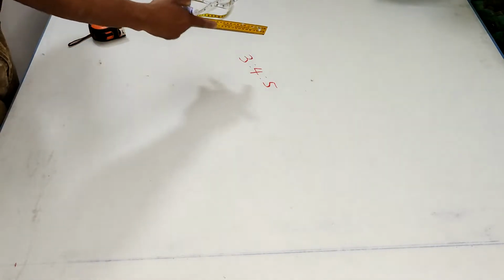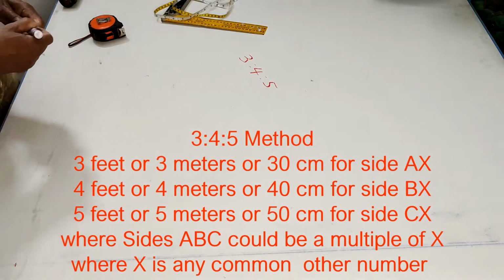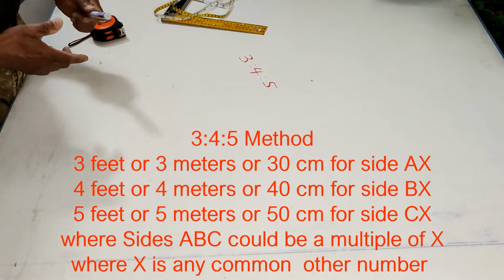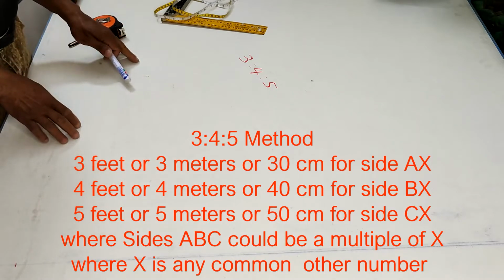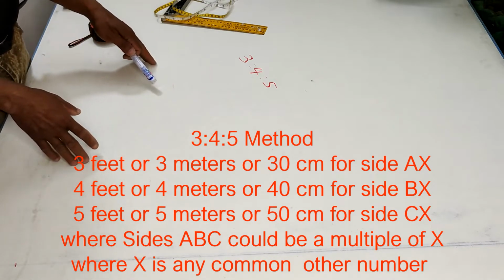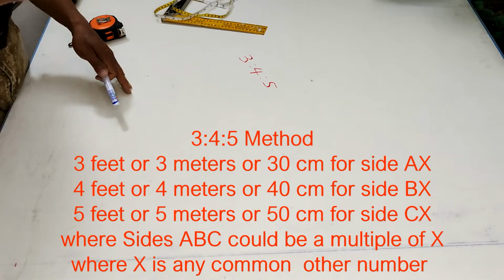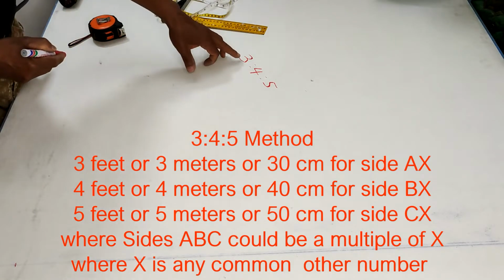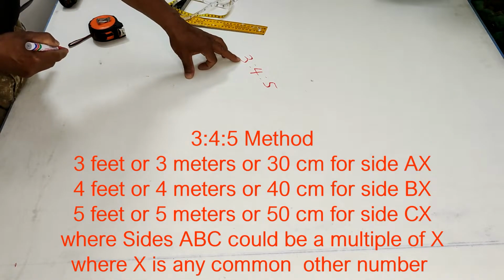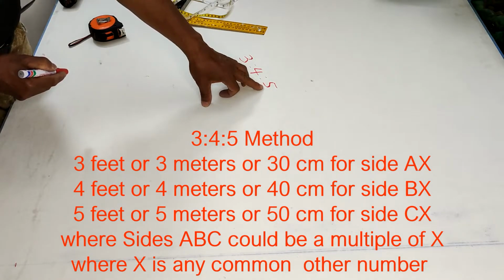So the first side, which is 3, is going to be 30. It could be 30 centimeters, it could be 3 meters, it could be 3 feet. But the rule is that if this is 3 centimeters, this one will also be 4 centimeters, and this one will be 5 centimeters.